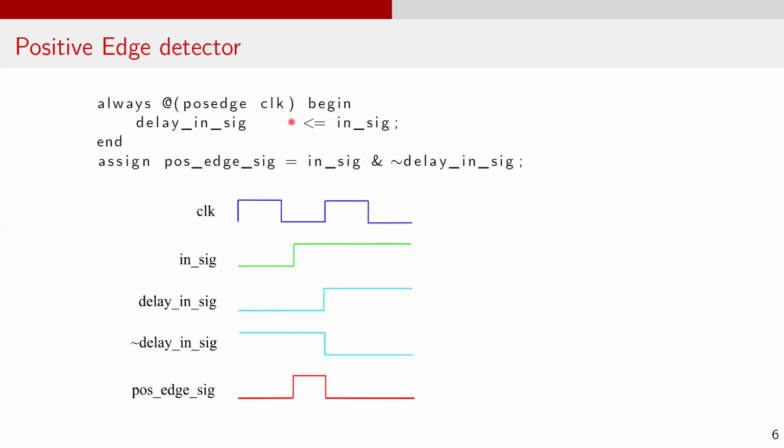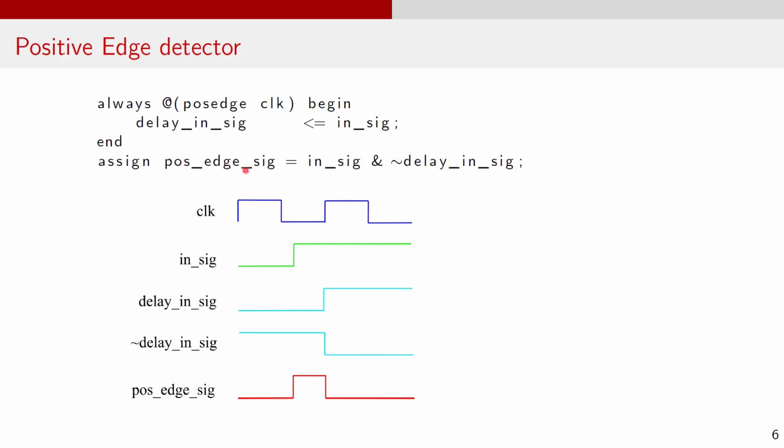This is the Verilog code for a positive edge detector circuit. in_sig is the monitored signal where we want to detect the rising edge. To design this circuit, we delay the monitored signal by 1 clock cycle. Then we invert the delayed signal and perform an AND operation with the original signal.